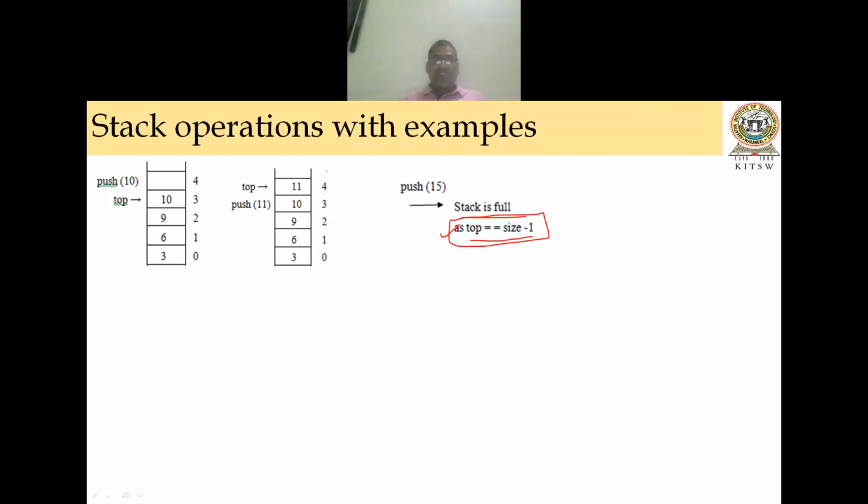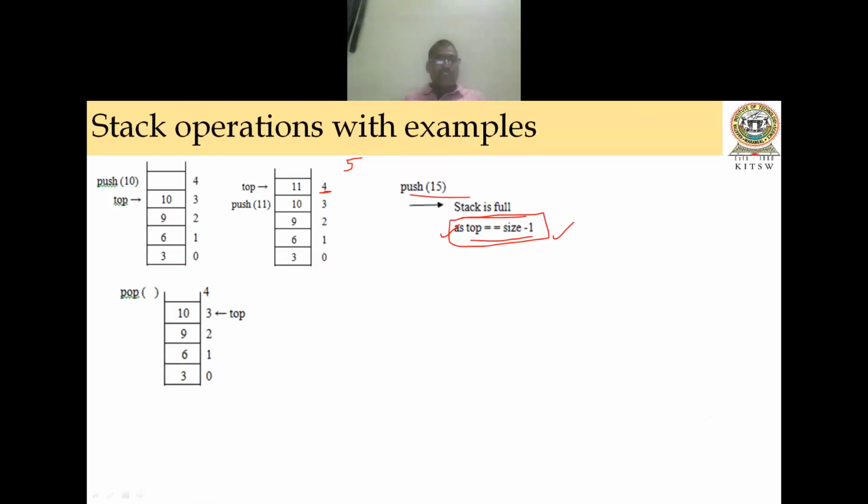The size of the stack we have taken as 5, so 0 to 4 are the index locations. Fine, got the point. Once top becomes 5 minus 1, that is 4, then we say the stack is full. We cannot insert a new element 15 into the stack.